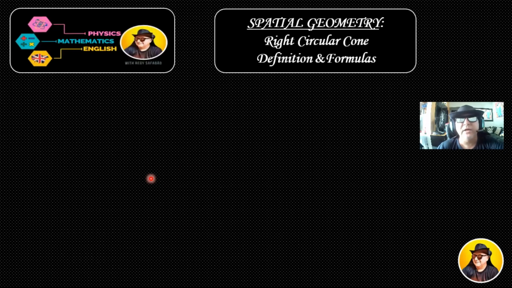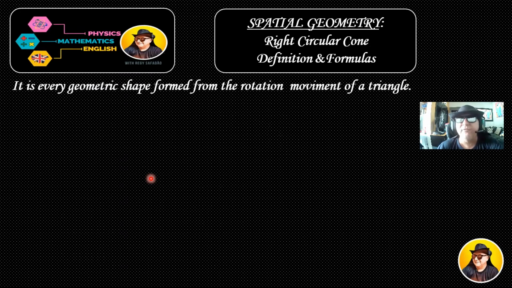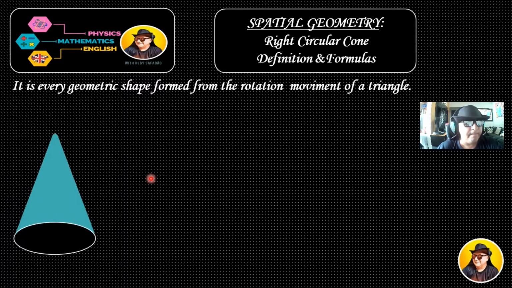The next figure is the right circular cone. Definition and formulas. What is a cone? It is every geometric shape formed from the rotation movement of a triangle. You see here the central point on the base. This is the diameter, the universal symbol of diameter.